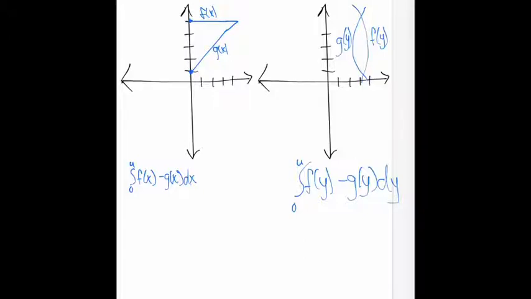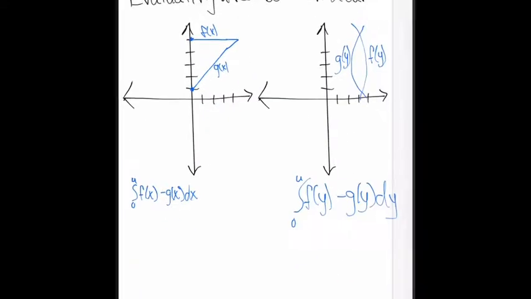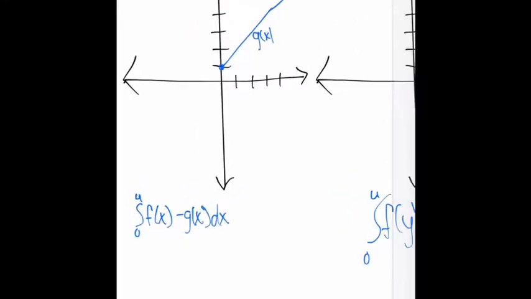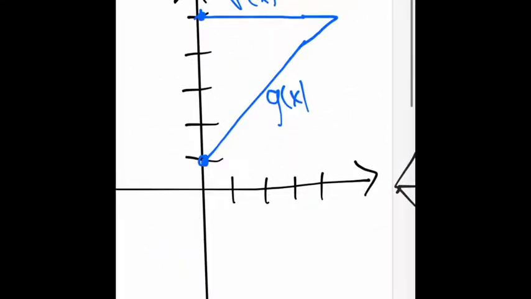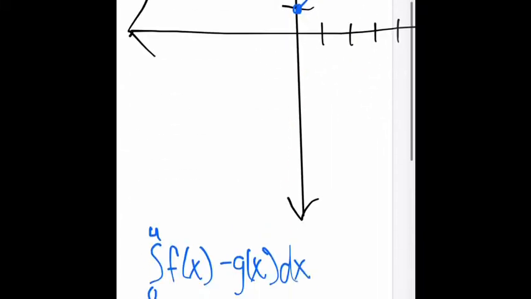I'm Ryan Neary, and I worked with Jake Petrino to show our classmates how to evaluate area between two curves. The main principle is, if you are evaluating the area with regard to x, you are going to want to take the top line and subtract the bottom line, and then take the integral of that, which would look like, in this case, f of x minus g of x, and then dx.